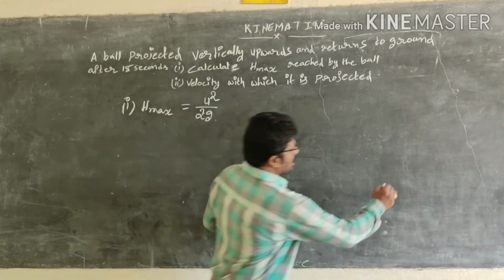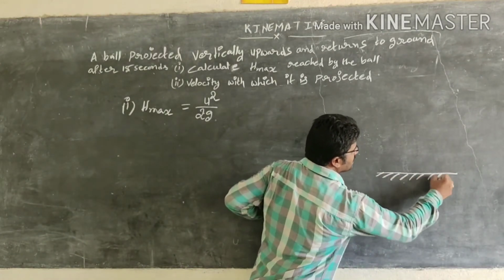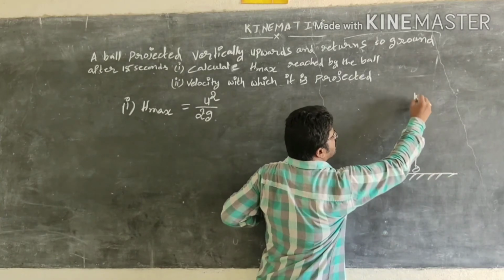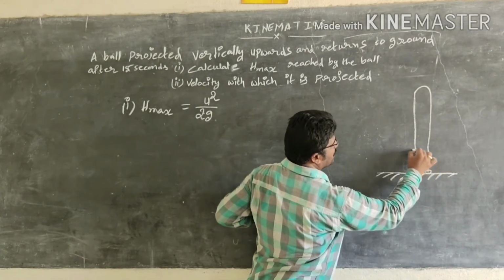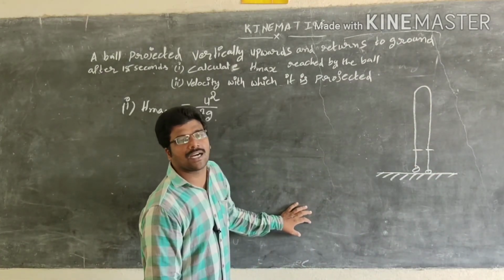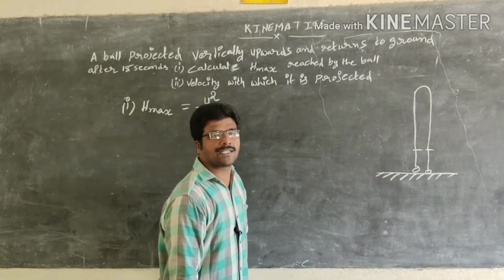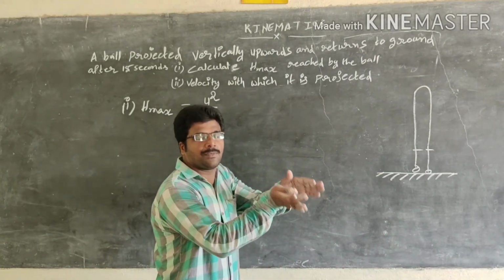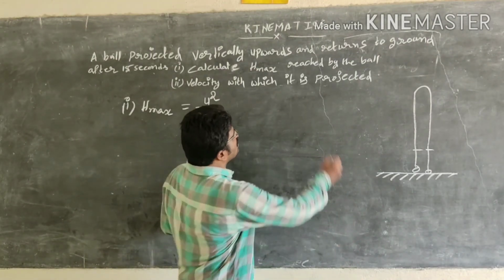That means, if you consider this as the ground and a body is projected vertically upwards, after 15 seconds it reaches the ground. So indirectly he has given the time of flight. The time in which the body is in air is known as time of flight.